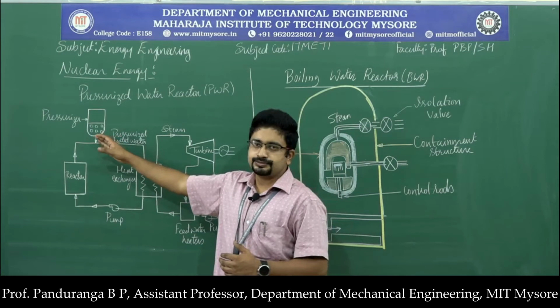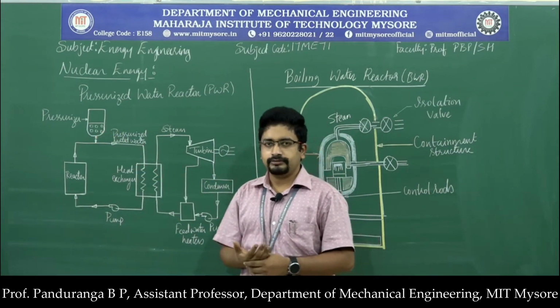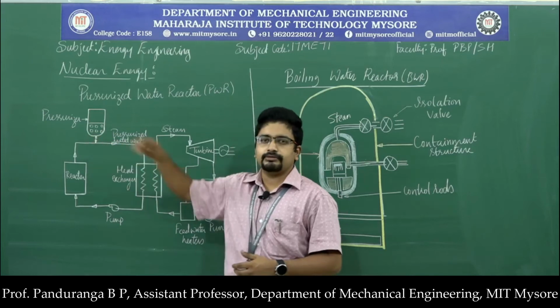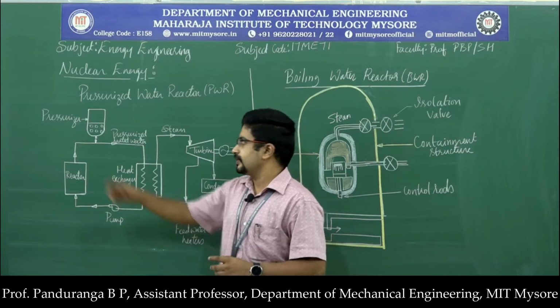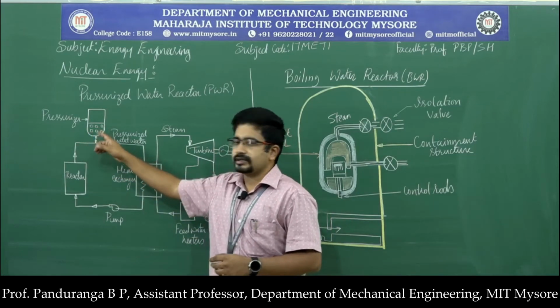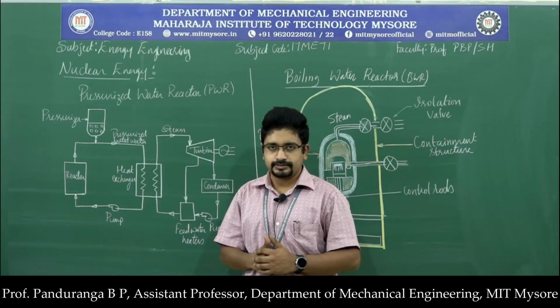The pressurizer is nothing but a boiler where we heat or boil water with the help of electrical heaters. These circles are the electrical heaters which are provided at the bottom of the pressurizer.